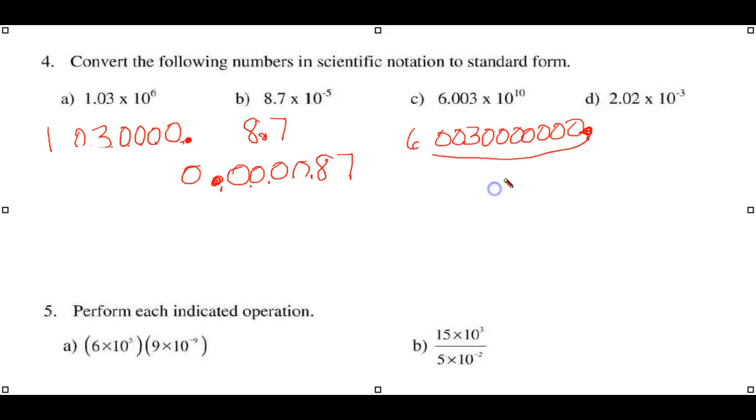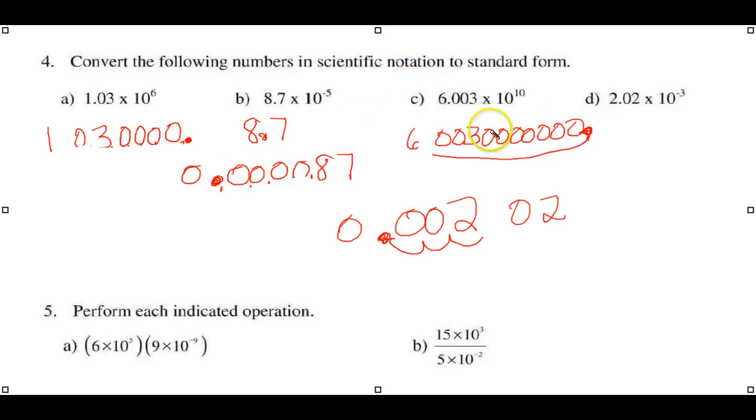And this is 2.02, but I have to move it 3 decimal places. So there's 1. So I need to add 2 zeros. My decimal place is there, and I usually add a 0 to anchor it. And there's my answer. So not too hard.